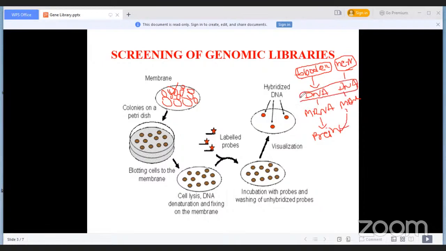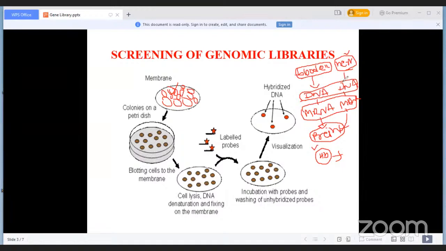The DNA is common. What about RNA? Protein? Same, sir. That means here, do you want hemoglobin? Hemoglobin protein. If you select a nerve cell genome, can you get hemoglobin protein? No, sir. That's the problem here.